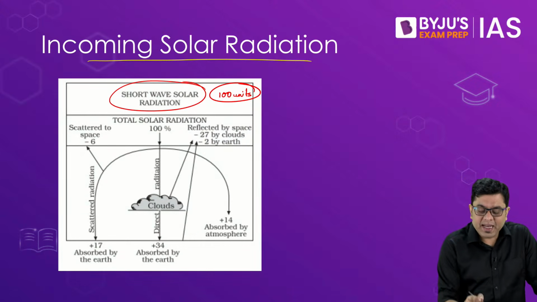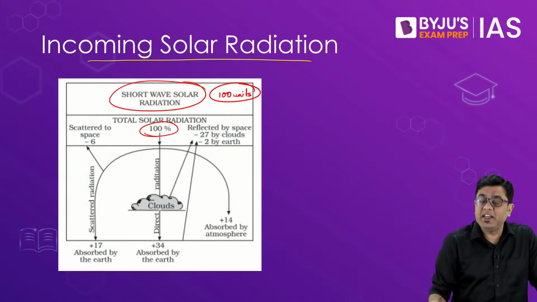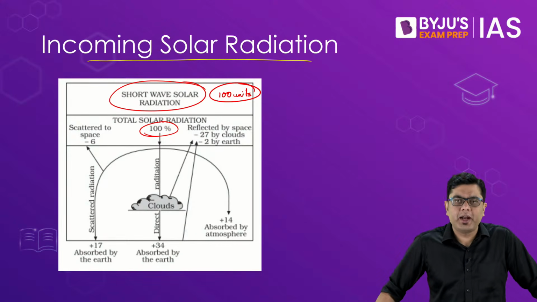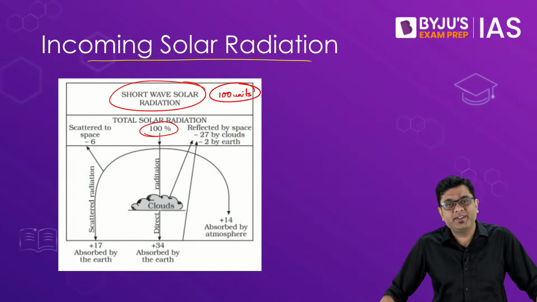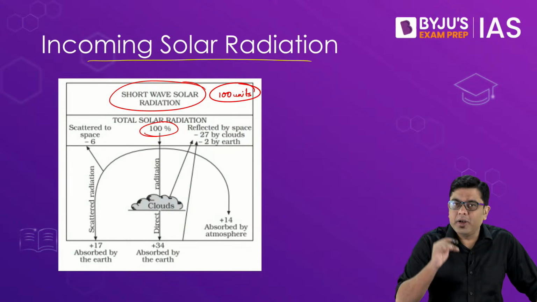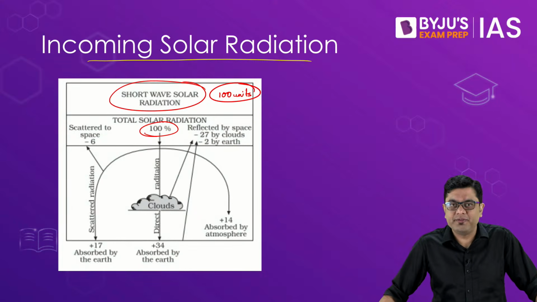So here, let's say we take the total solar insolation to be around 100%. Out of that, around 27 units are reflected upon hitting the cloud surface itself.